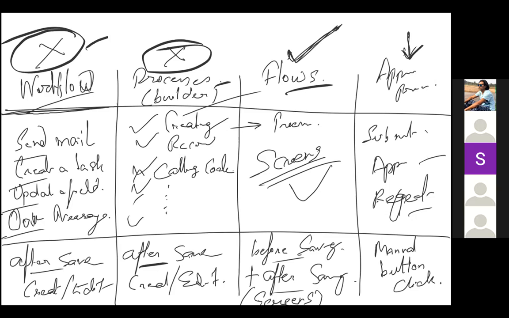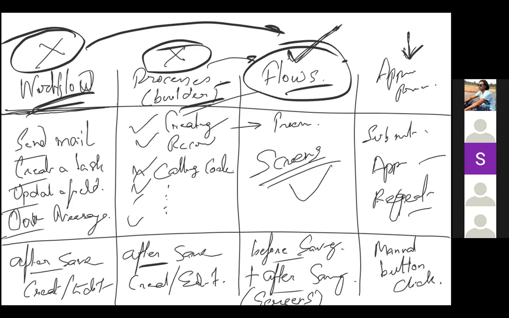But eventually we have to migrate to flows. All these workflows or process builders, if you write them today, you have to convert them to flows later. So the suggestion is to always write a flow, because whatever you can do in flows, always try to do in flows. Okay, so let's see how this works in Salesforce.